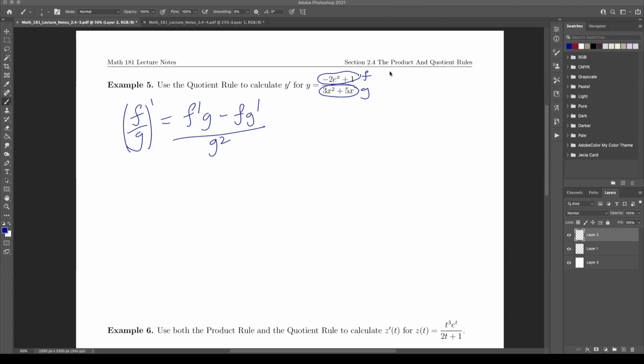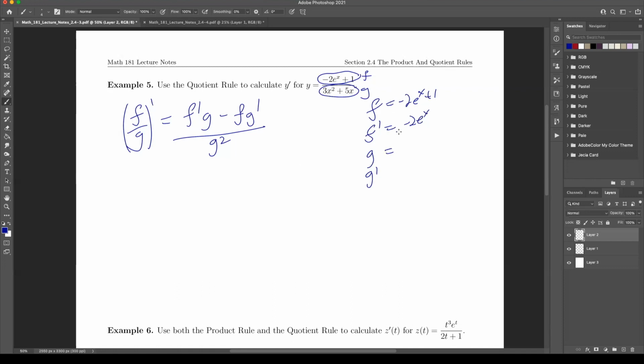I'm going to do the first part of it as you guys finish it. So f, f prime, g, and g prime. F here is minus 2e to the x plus 1. This derivative here is just minus 2e to the x. The plus 1 goes away, e to the x doesn't actually change, and the constant remains constant.